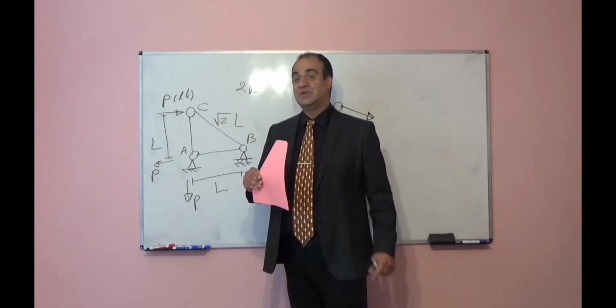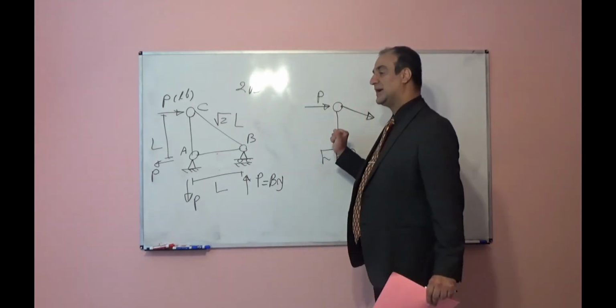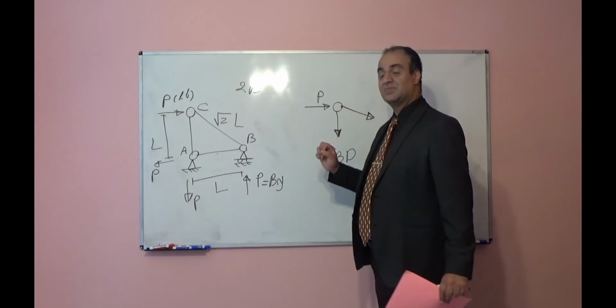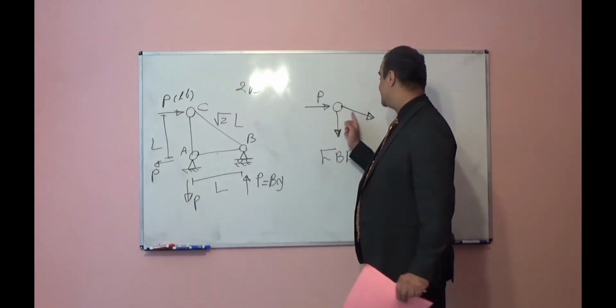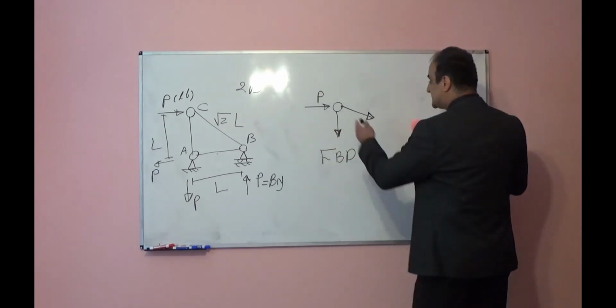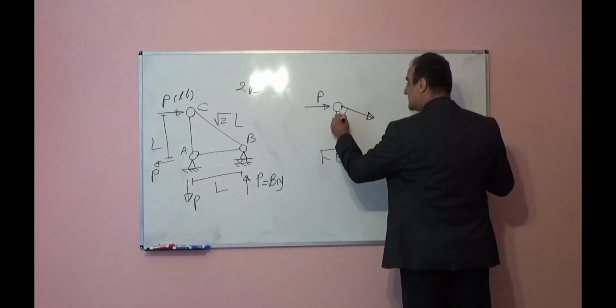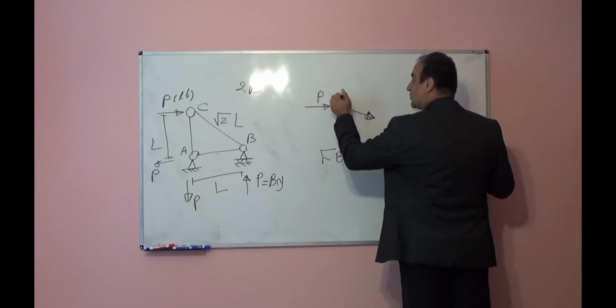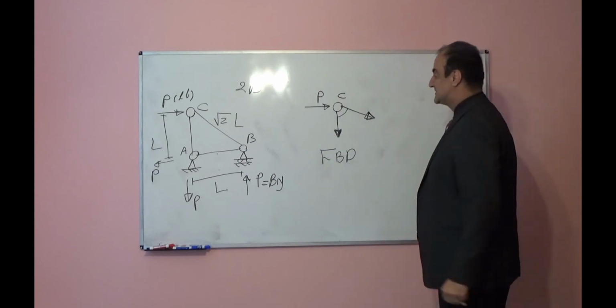If you solve with this assumption and find a negative answer, it means the initial assumption is not right, and that member is subjected to compression. So this is the tension direction, the arrow is going out of joint C, so it means tension.